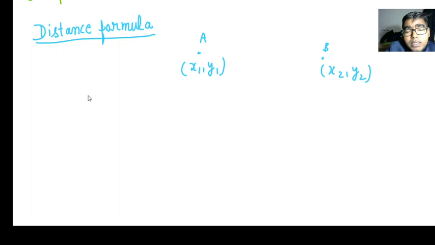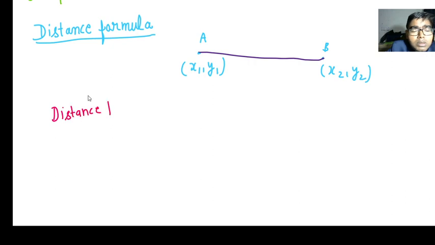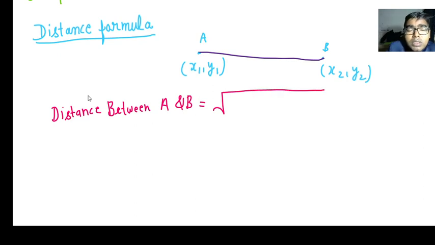You are asked to find the distance between points A and B. The distance between A and B is the square root of x2 minus x1 whole square plus y2 minus y1 whole square.